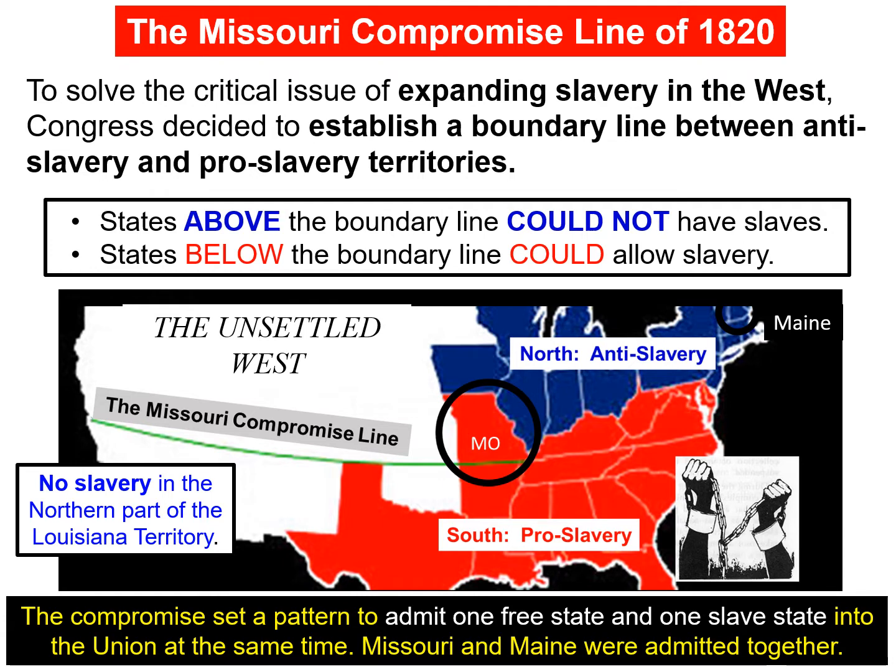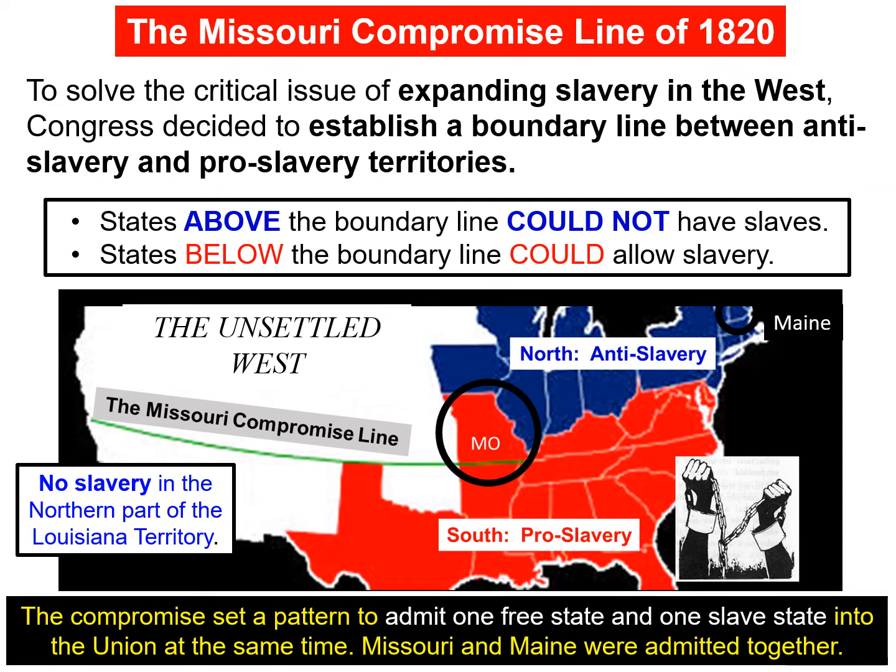So think of it this way. When you look at the land in the West, the government just drew a horizontal line to divide the West. Anything that was above the line, any state that could be formed above the line, could not have slaves.